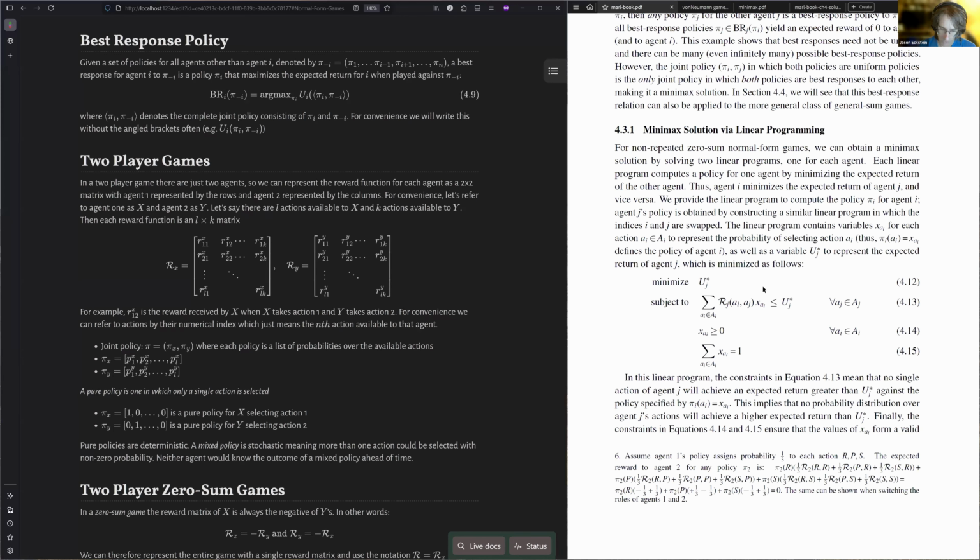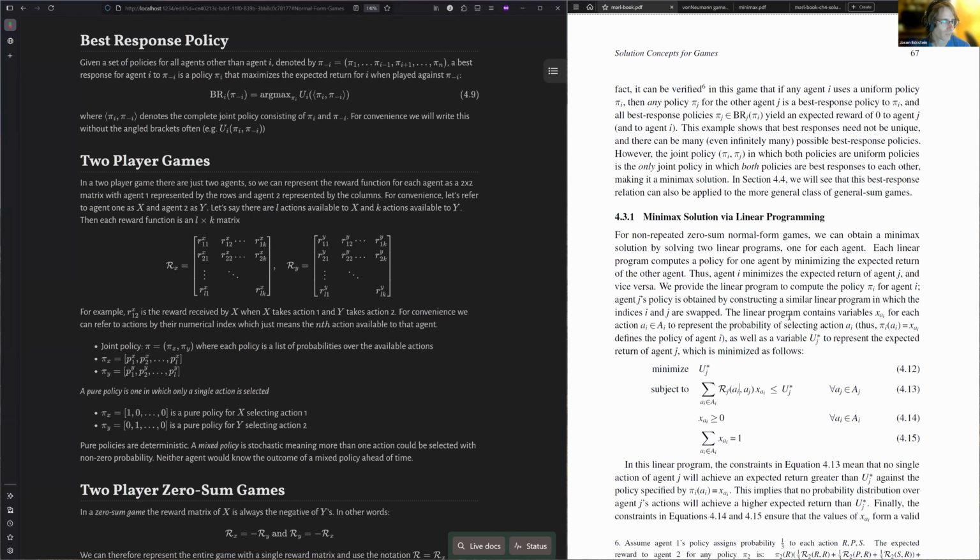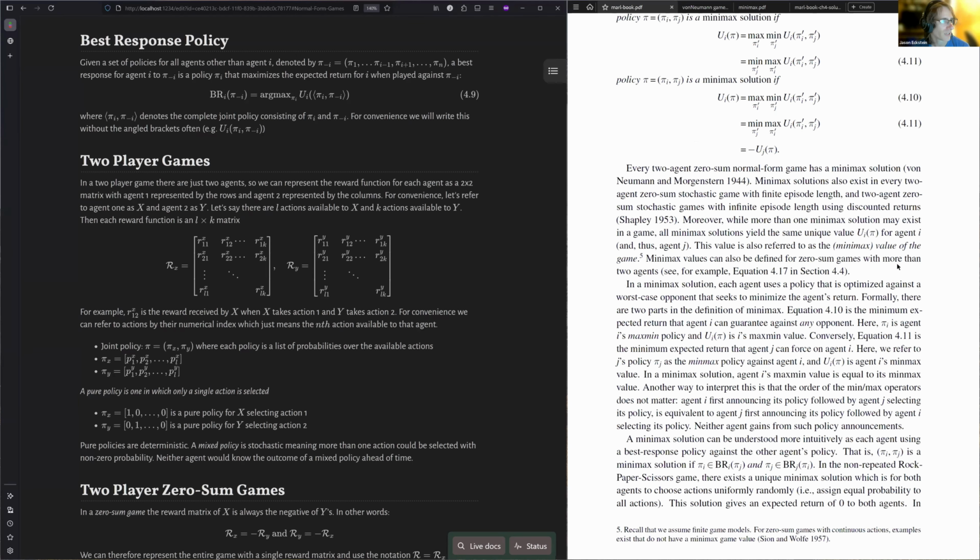But a game of that structure never has to address this type of linear program with the joint action constraint.